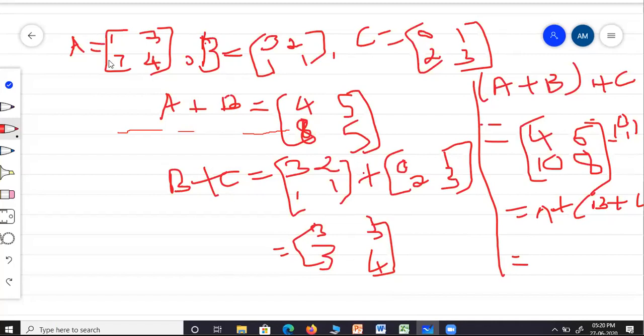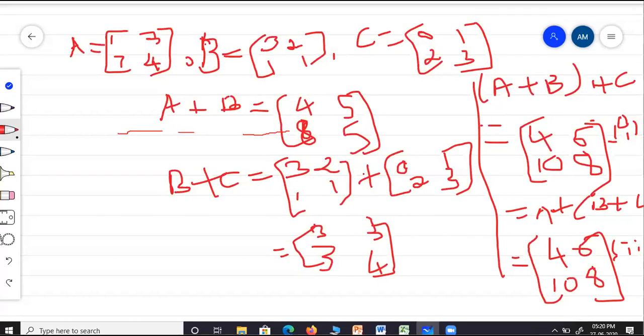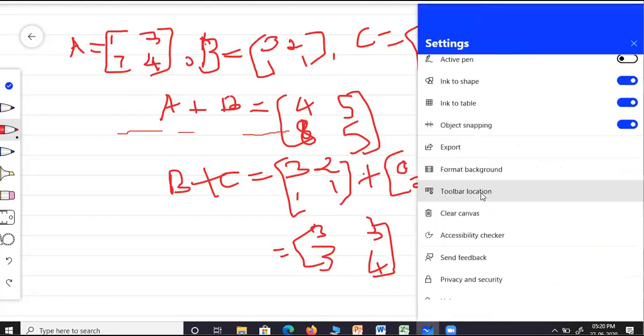So 1 plus 3, 4. 3 plus 3, 6. 7 plus 3, 10. 4 plus 4, 8. This is equation number 2. Now you can see that from equations 1 and 2, (A + B) + C is equal to A + (B + C). So hence this associative law is proved.